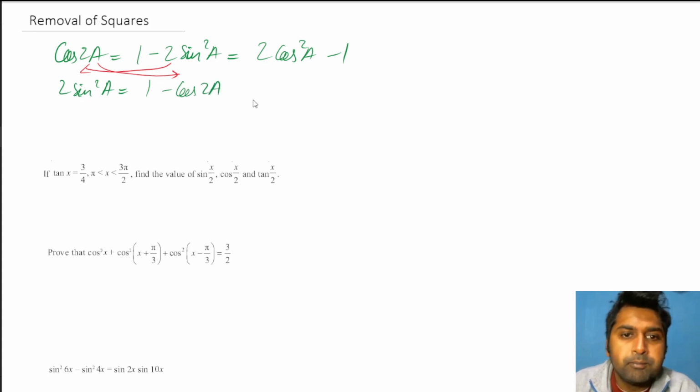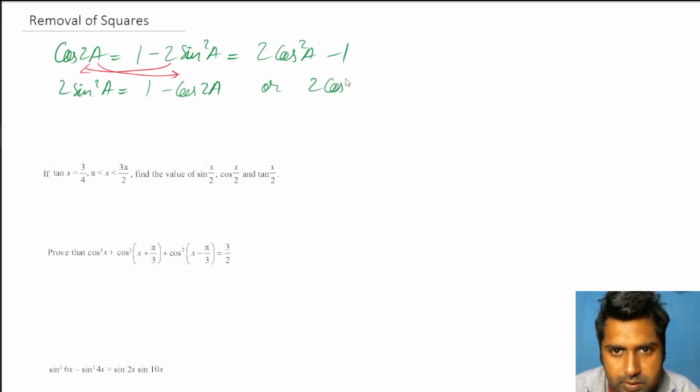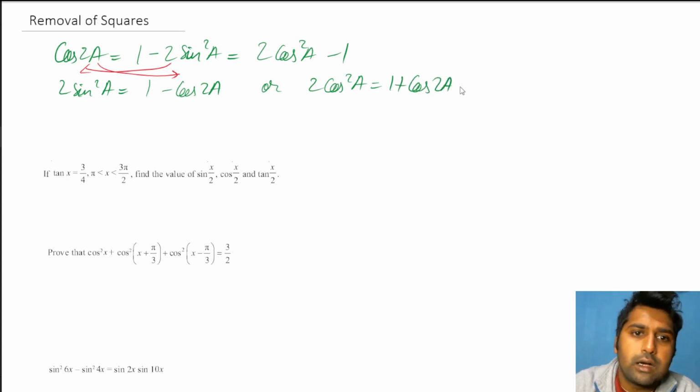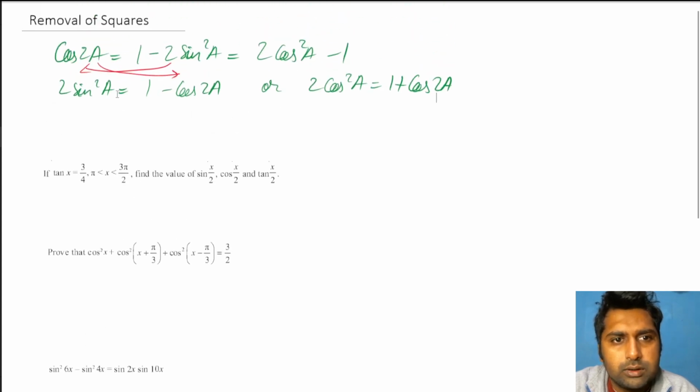Similarly, I can generate 2 cos square also with this one. If I take this one to the other side, it will become 2 cos square a is equal to 1 plus cos 2a. Now this is the variation I was talking about.